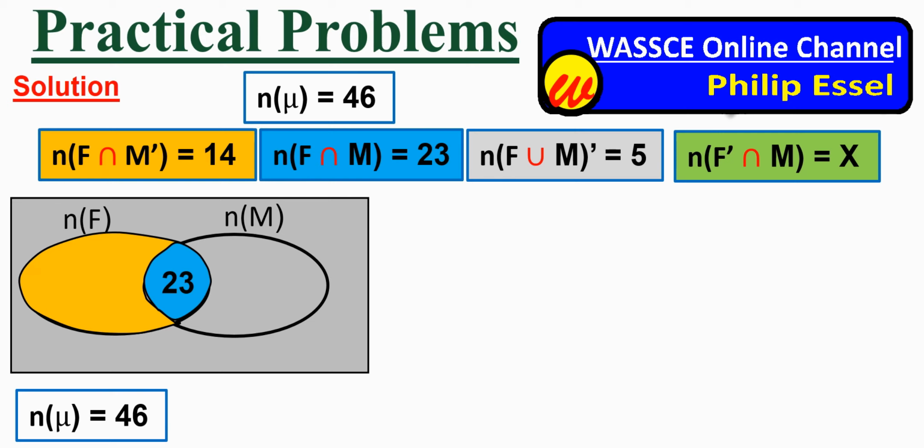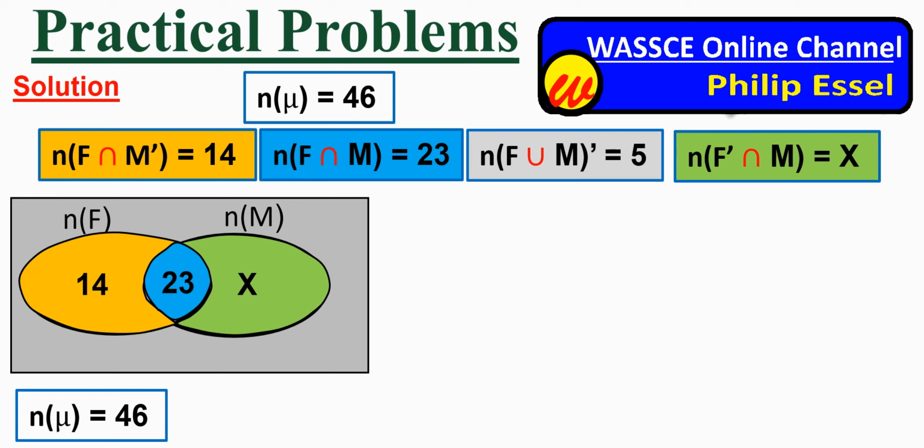Again, this green region represents those who passed only in maths. We used the variable x to represent only maths. So we would write x in this region. Those who failed in both subjects will be represented by the gray region.